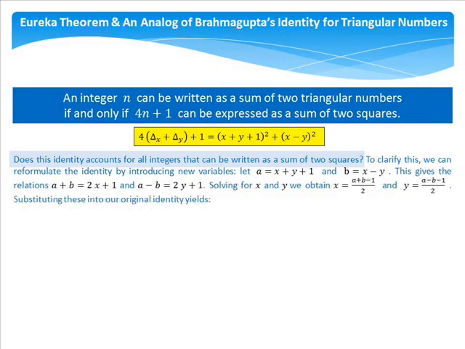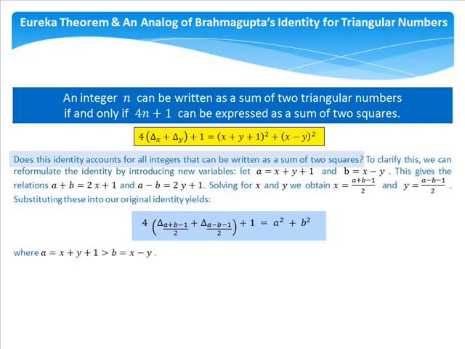Substituting this into our original identity yields this expression, where the sum of the squares of a and b equals 1 plus 4 times the sum of the triangular numbers (a plus b minus 1) over 2 and (a minus b minus 1) over 2, where a is bigger than b.